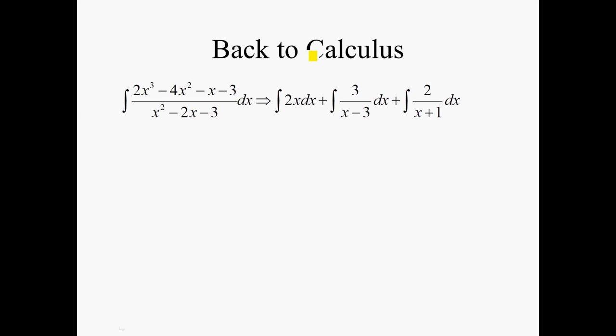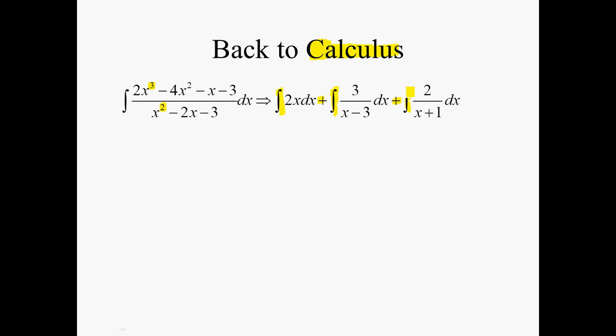So finally, I get back to calculus. I had a degree in the numerator that was too high for partial fractions. So I did long division, got myself to an equivalent expression, and then I have an equivalent integral of a sum, which of course is the sum of all the integrals. So the integral of 2x plus the integral of 3 over x minus 3 plus the integral of 2 over x plus 1.